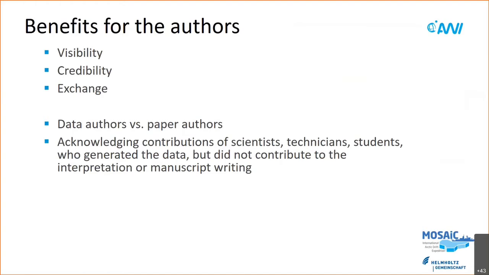So including the authors of the data itself in the citation, or in the authors of the data sets, allows acknowledging contributions of the scientists, technicians, or students who generated the data during the field campaign or during the processing stage of the data, but did not contribute significantly to the interpretation and manuscript writing and wouldn't make it on the list of the paper authors. So this is actually a very good opportunity.